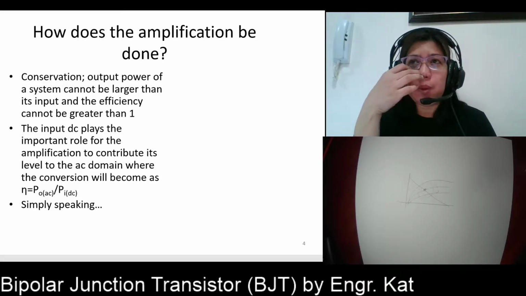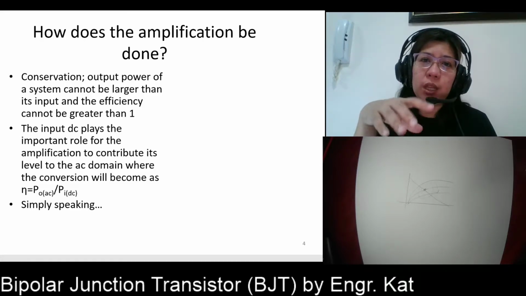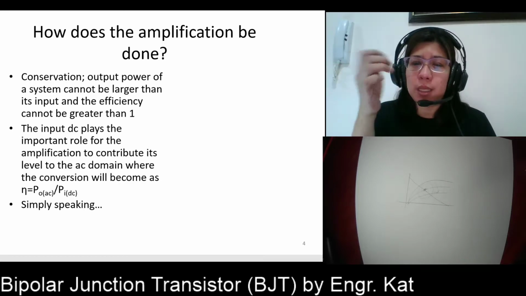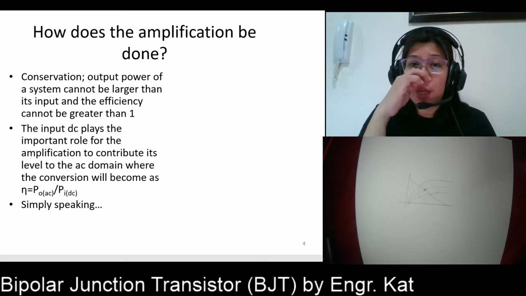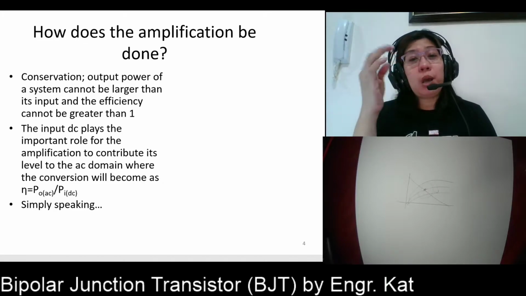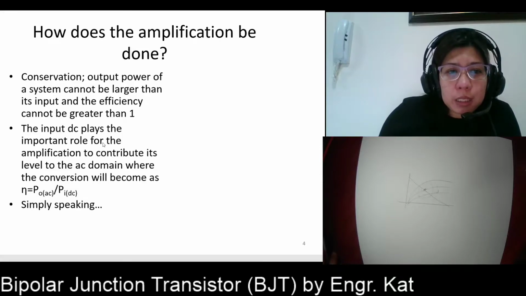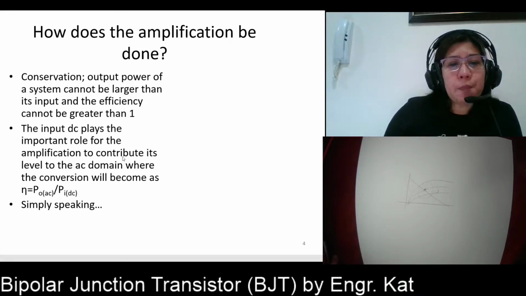So what do we mean by 100%? Your output will be equal to the input, considering no losses. But losses are always present in any system. Okay? So how is amplification possible then? The input DC plays the important role for the amplification.